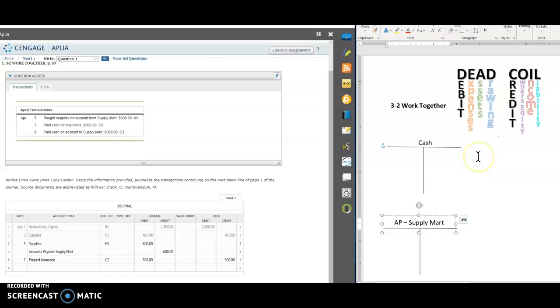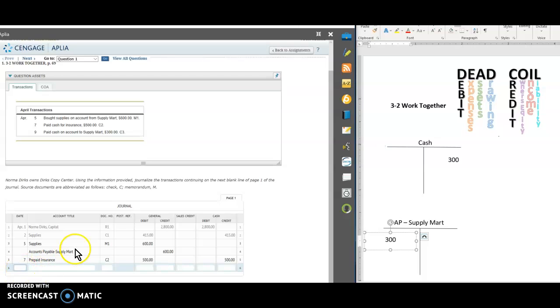That means that it is a credit because the normal balance for assets is the debit side. So when we're decreasing, that means it is a credit to cash. So that's going to be 300 here, and that means accounts payable has to be a debit. And your liability, the normal balance side, is credit. That's the increase side. So that means that if it's going down, it's going to be a debit.